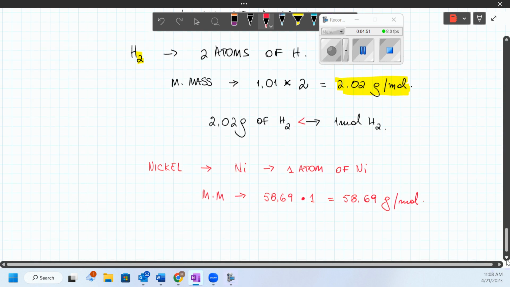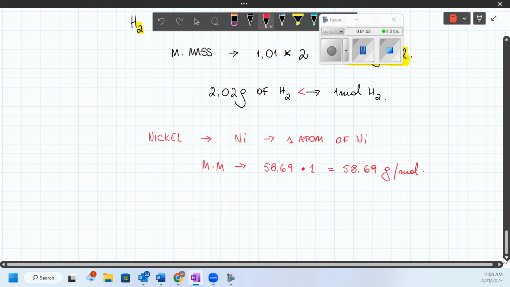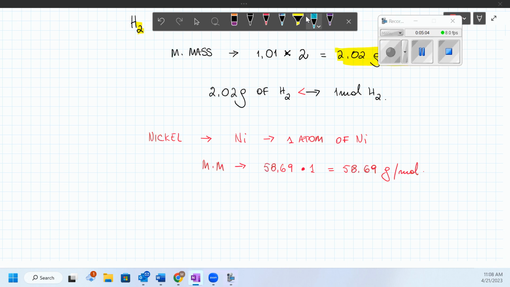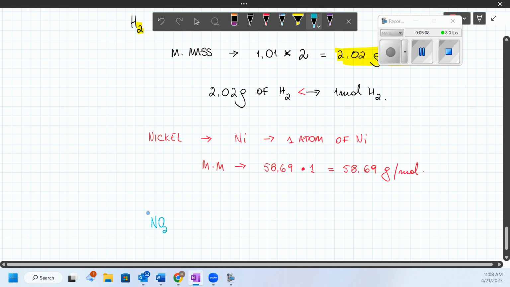Now let's see a more difficult situation. Let's suppose that we have nitrogen dioxide, NO2, which is a molecular compound.